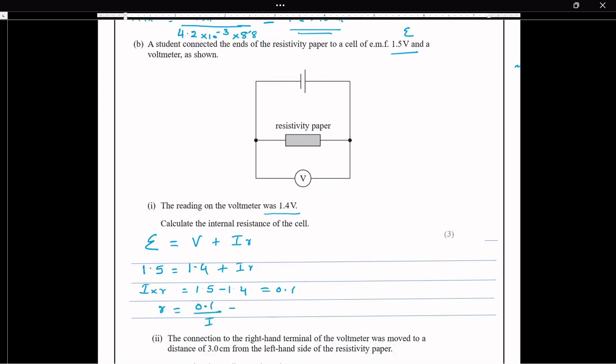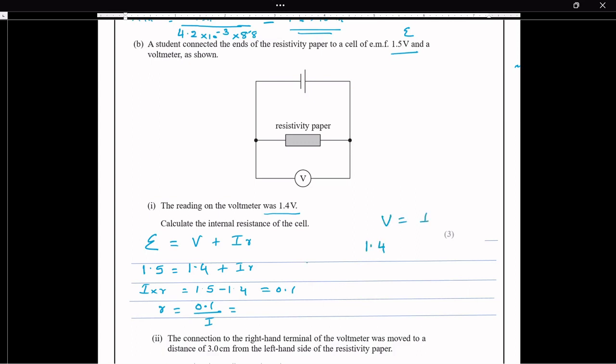The current is also given. Actually it is not given, so we are going to calculate the current here separately. See, it says that the terminal PD is 1.4 volt.